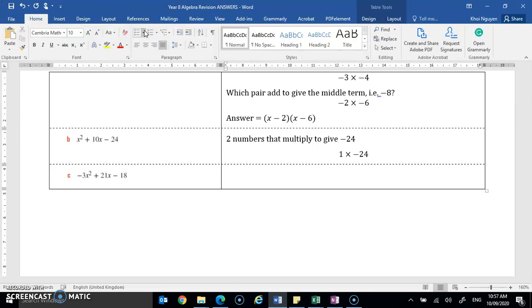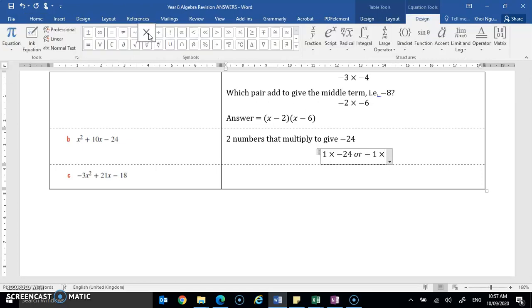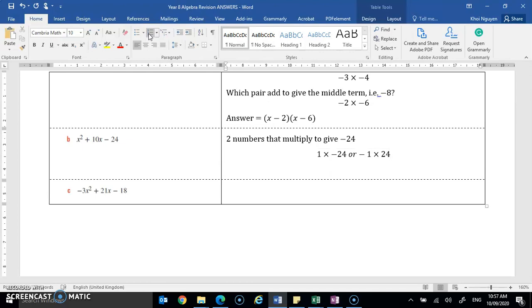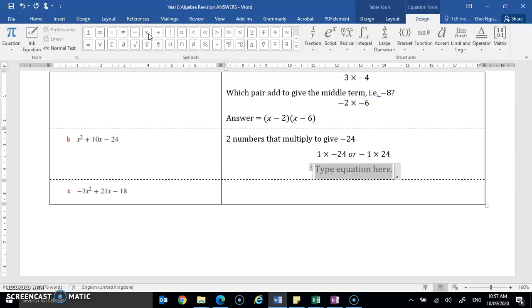Of course, we can also have -1 times 24. Now we can also have 2 times -12 or -2 times 12.